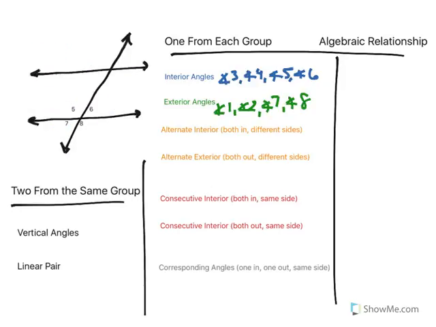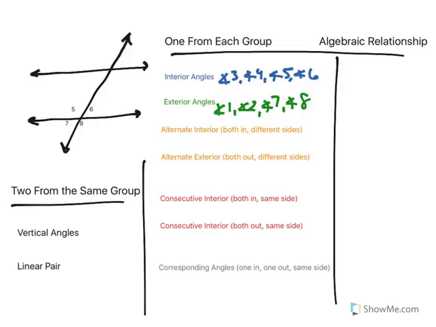So in addition to interior and exterior angles, we can further classify those interior or exterior angles. Alternate angles are angles that fall one on one side of the transversal and one on the other side of the transversal. So we can either have alternate interior angles or alternate exterior angles.